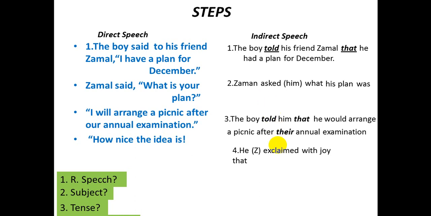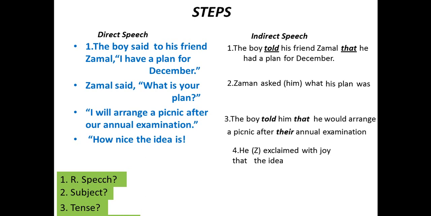If you do this, then the assertive sentence will be: the idea is very nice. Okay, so from this you can easily pick up the subject. The subject will be the idea, so it will be unchanged as this one is from third person.